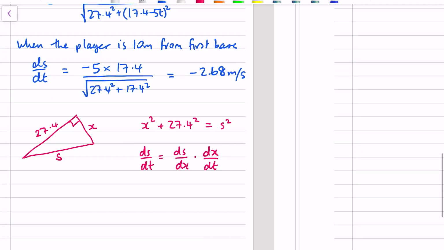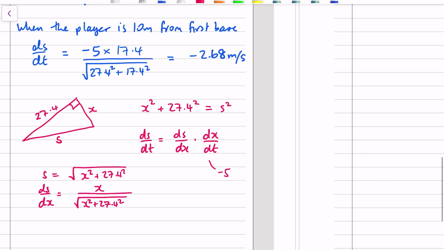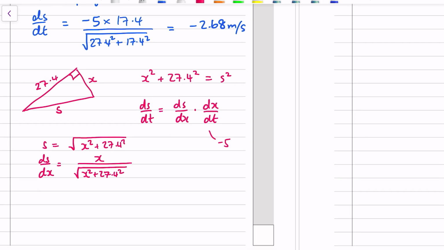We know that dx dt is minus 5, and ds dx can be worked out using a similar method as before. I rearrange the equation to make s the subject: s is the square root of x squared plus 27.4 squared, and ds dx is x over the square root of x squared plus 27.4 squared. So we just need to times that by minus 5, and that'll give us the same result.